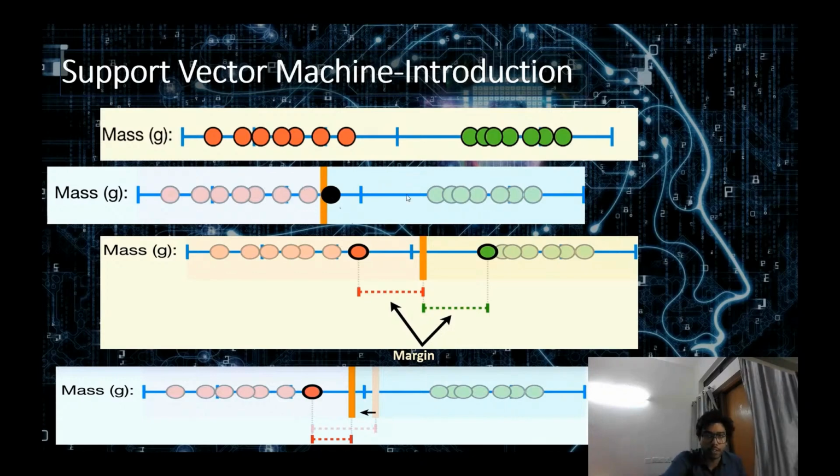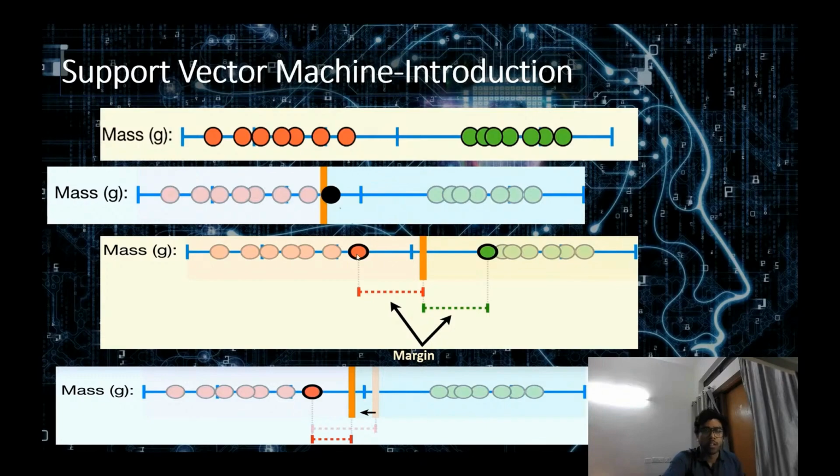But you see, this example is closer to the set of non-obese mice, and it's farther away from the obese mice. So this is not a good line to classify them as obese or not.